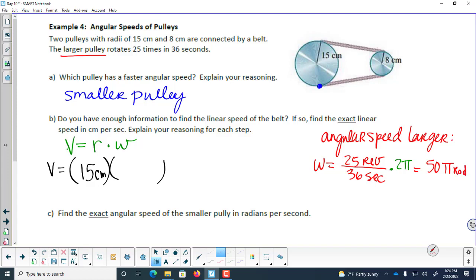If we're writing it as an angular speed, we need radians. But if I'm doing it in a calculation for linear speed, I don't include it. It just looks like a unit I need to get rid of, and I don't. Over 36 seconds. Now, do I need to make that into per second? No, it's fine. It'll come out in the wash just fine. So we've got 50 pi radians per 36 seconds.